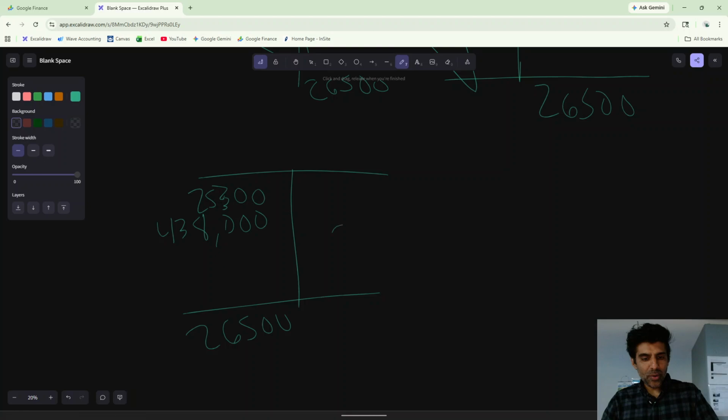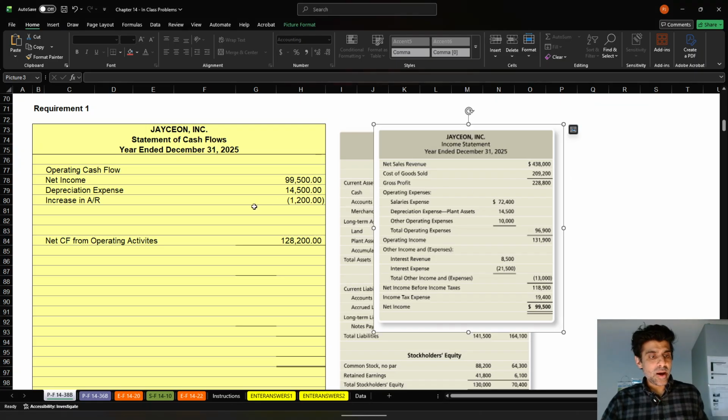Okay. So what do we need? This is the amount of cash that we collected from our customers. So what is this going to be? How should we calculate it? Is it going to be more or less than this? Yeah, it's going to be less, exactly. So that's why it's a negative adjustment. That's what I'm trying to illustrate here.